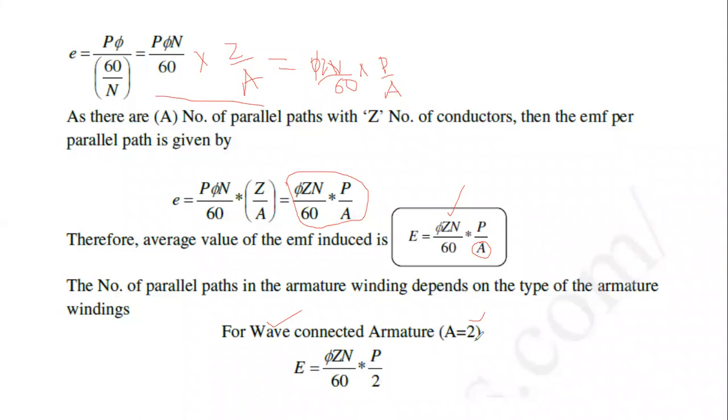In the case of wave winding, A is equal to 2. In the case of lap winding, A will be replaced with P, where P is the number of poles.